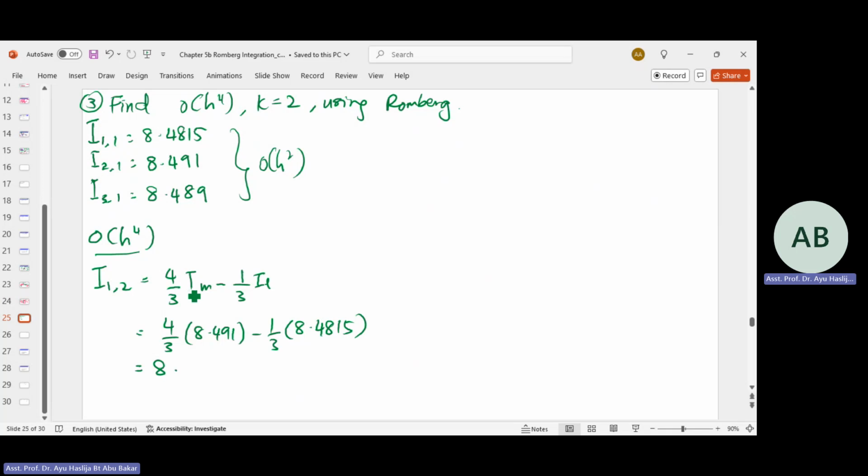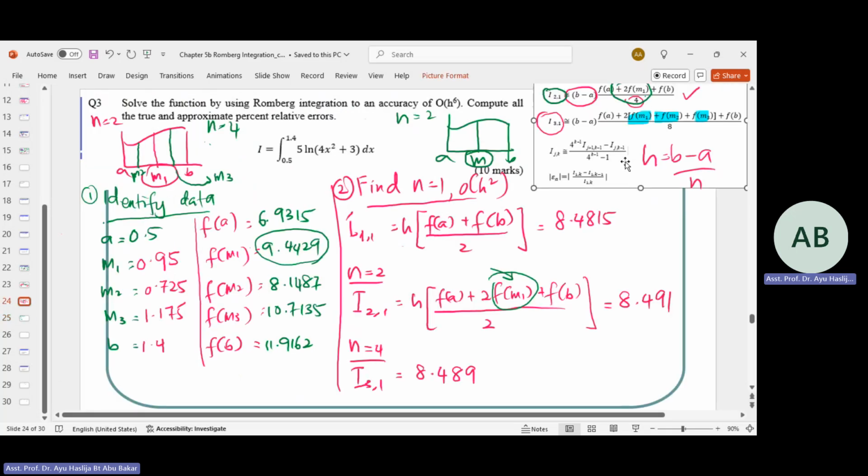Here you should be getting 8.4943. Less accurate, more accurate. Okay, this one is the equation provided, but you can also use this Romberg equation.